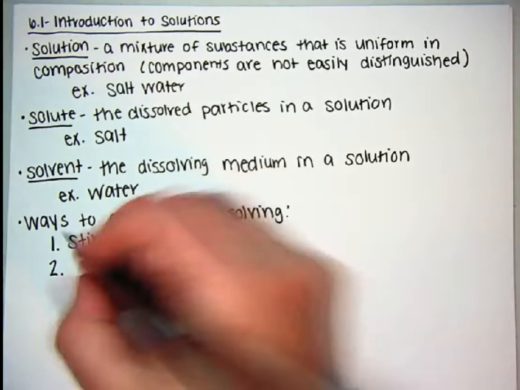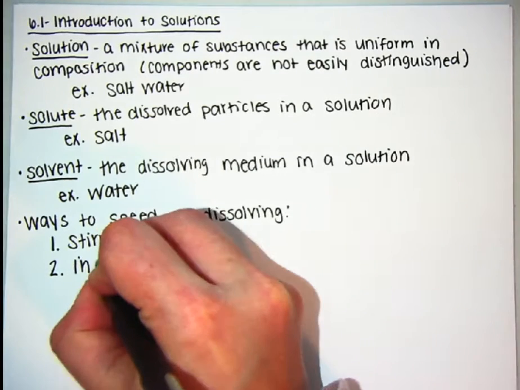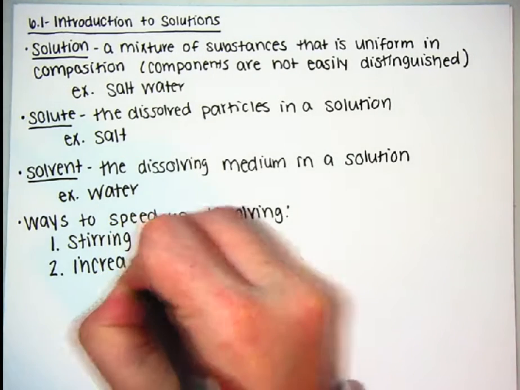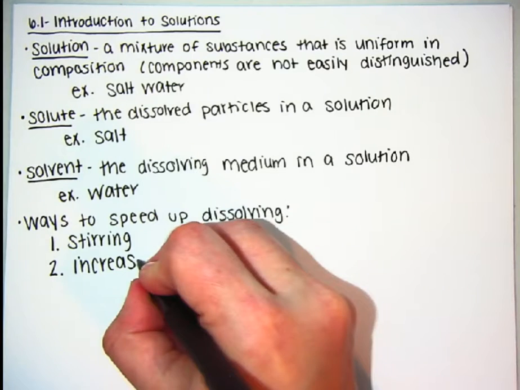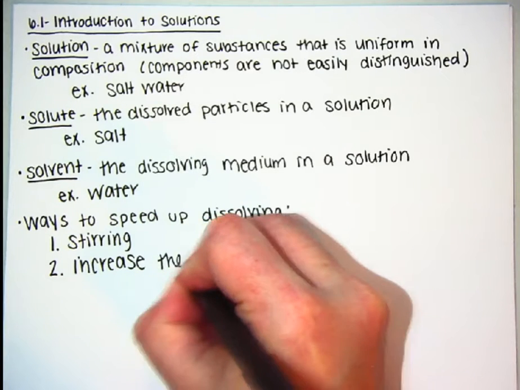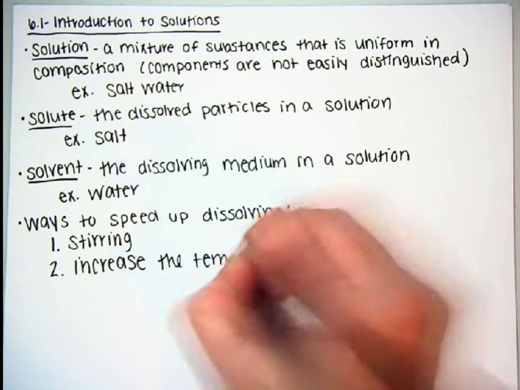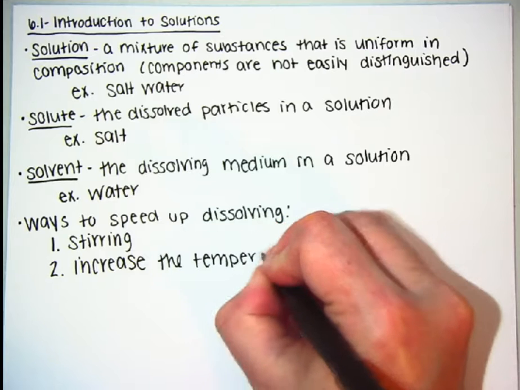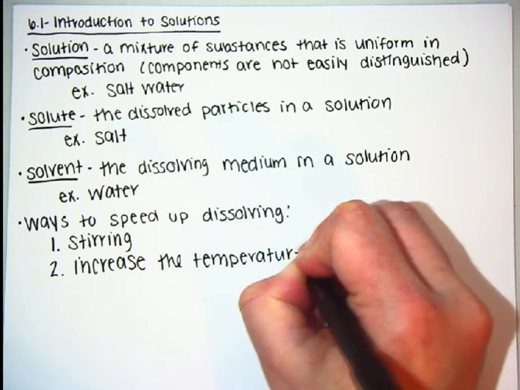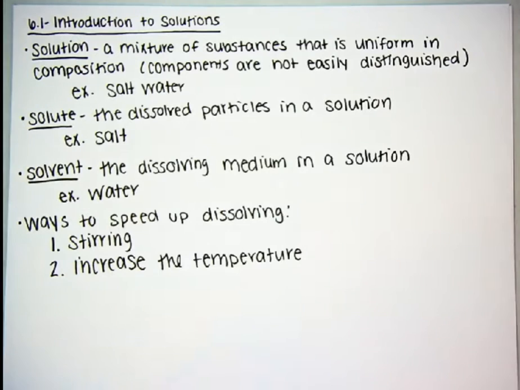Next, if we want something to dissolve faster, we can increase the temperature. Again, I'm going to use coffee as my example. If you drink iced coffee and you try to put sugar in it, you've probably noticed that the sugar doesn't dissolve very well.